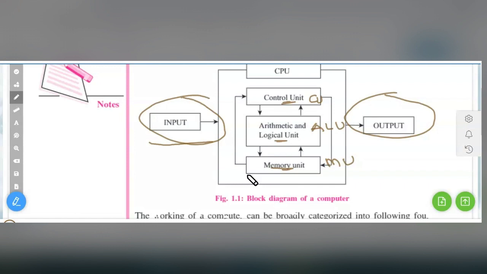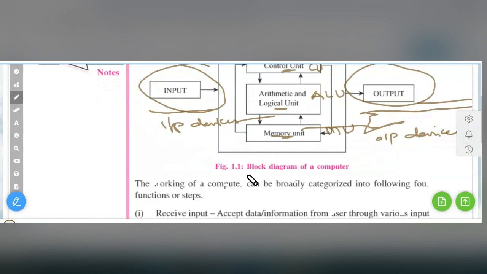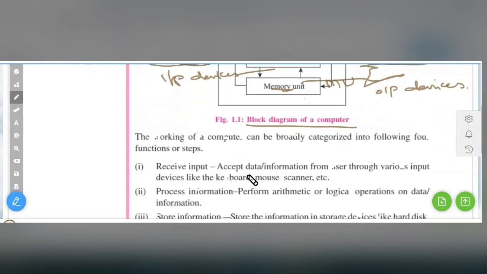Input is done by input devices, and output happens through output devices. We'll come to know about them. This is the block diagram of a computer.